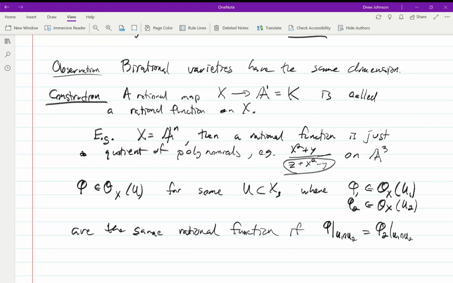Let me just remind you again, for irreducible varieties, the intersection of two non-empty open subsets will be, again, a non-empty open subset, which is still dense.